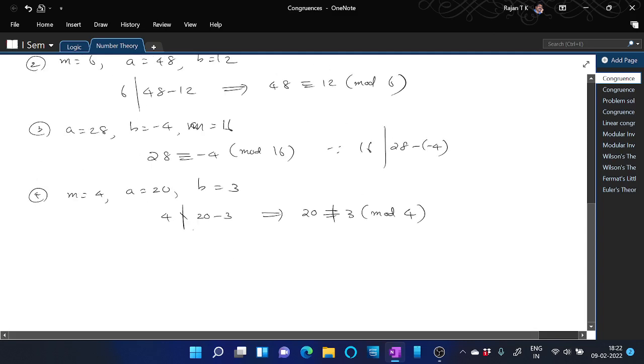Similarly, 18 is not congruent to minus 6 mod 7, because 18 minus 6 is 24, which is not divisible by 7.